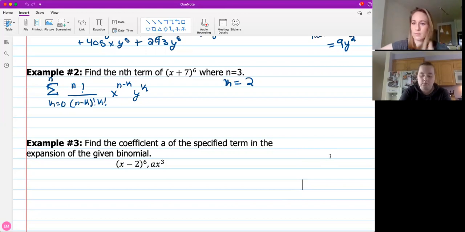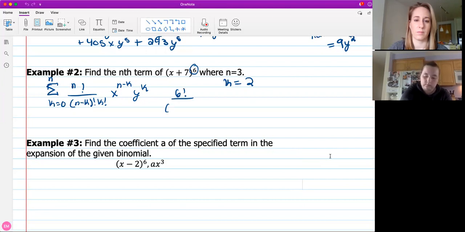Okay, so n here is our exponent. So we're going to take 6 factorial over (6 minus 2) factorial times 2 factorial. And don't forget that you can put that into your calculator so you don't have to do that by hand.